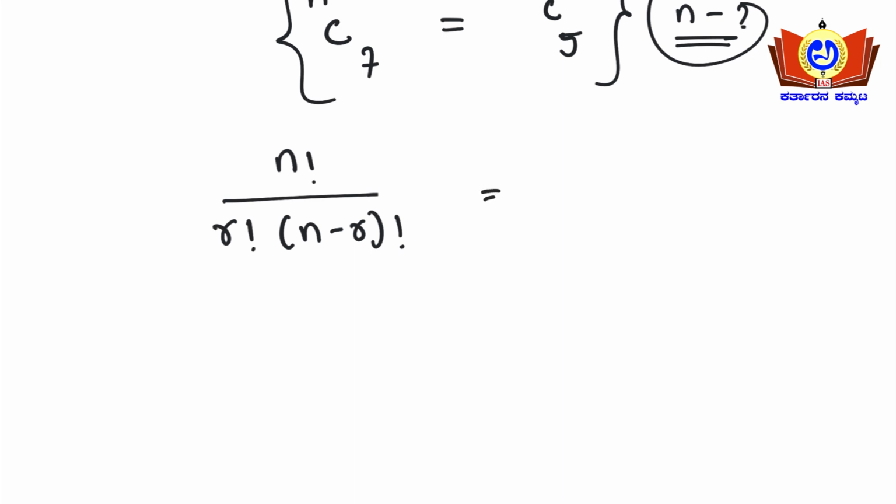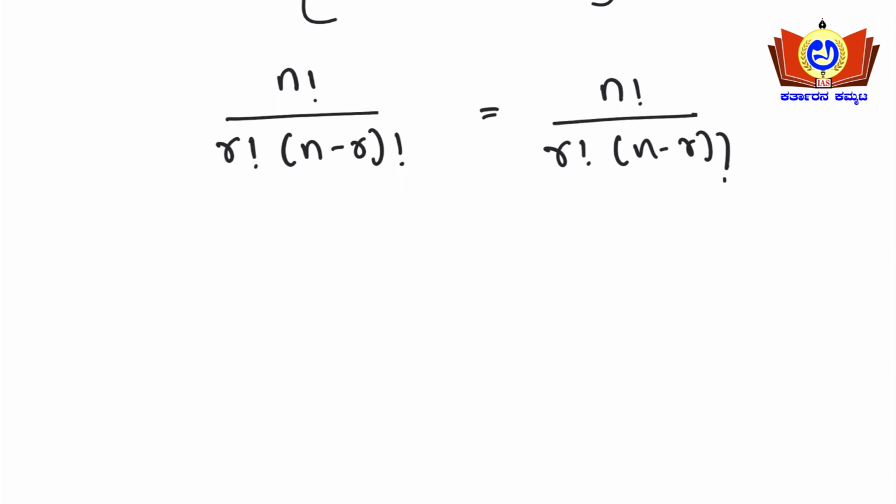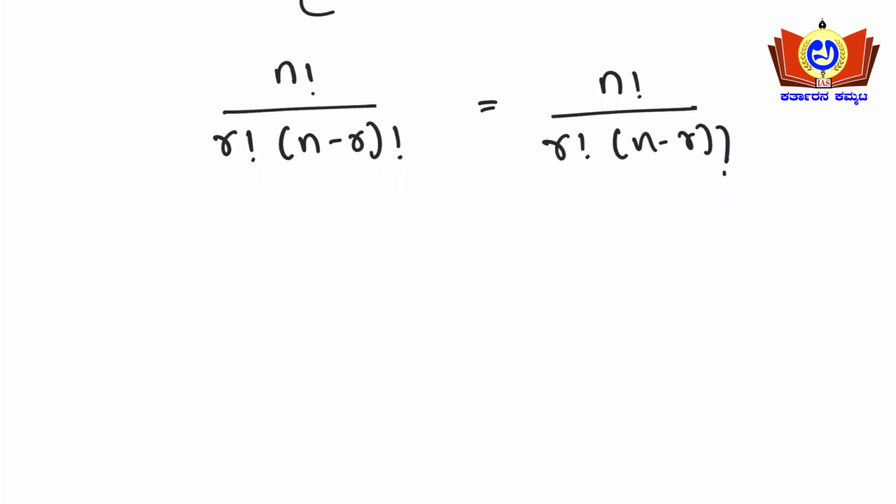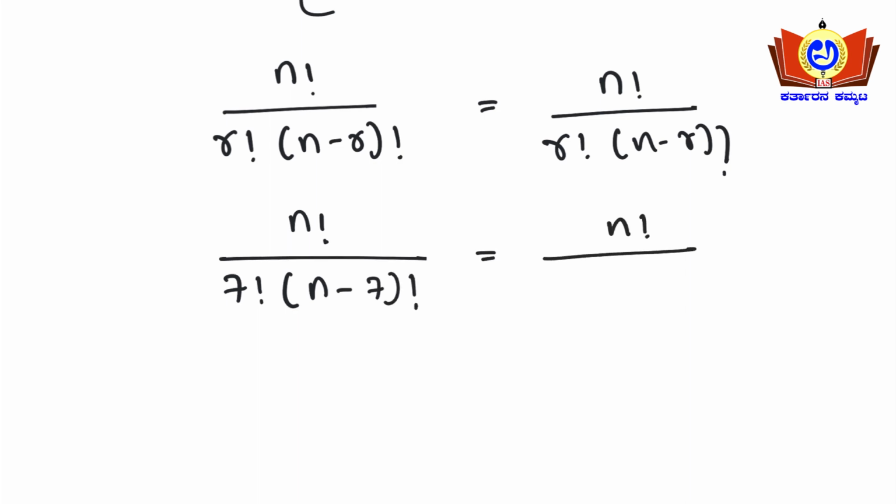So now I'll be substituting here. n factorial divided by 7 factorial into n minus 7 factorial equals n factorial by 5 factorial into n minus 5 factorial.